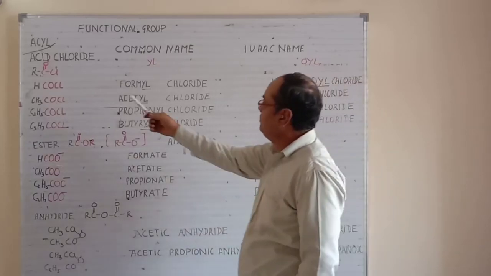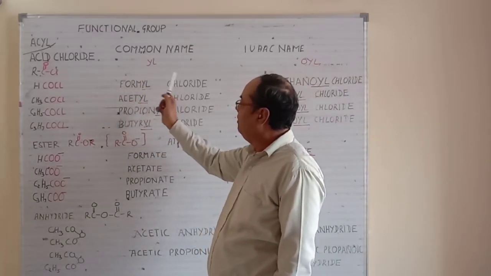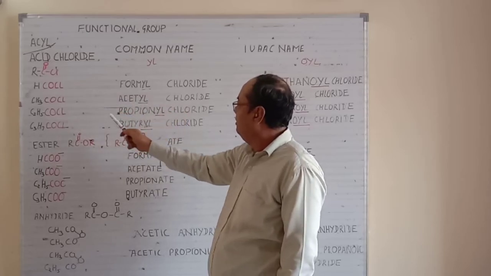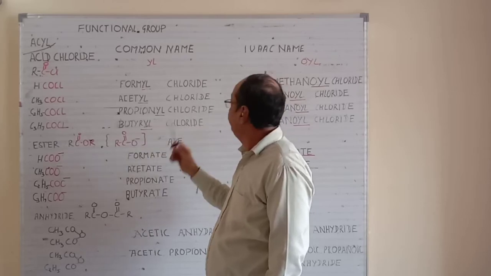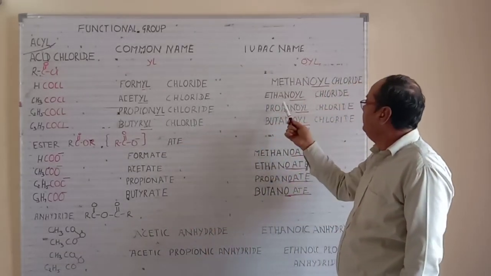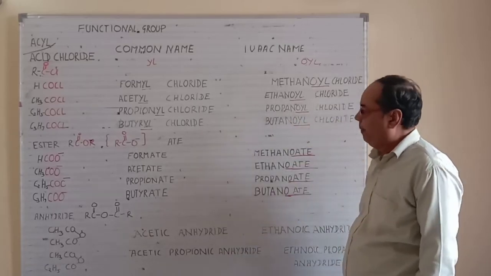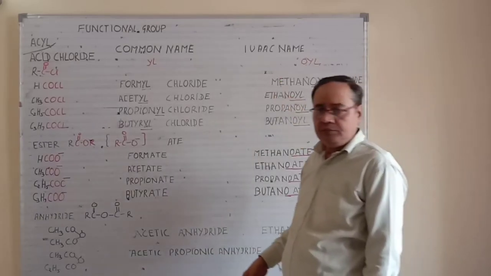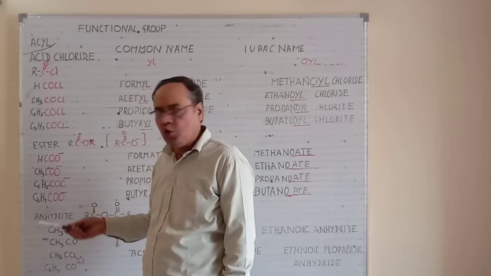So the first member is form plus yl, that is formyl chloride, acetyl chloride, propionyl chloride, butyryl chloride. Same way in the IUPAC system we have methanoyl chloride, ethanoyl chloride, propanoyl chloride, butanoyl chloride, and so on. So same way you can go for the sequence which I told you already.